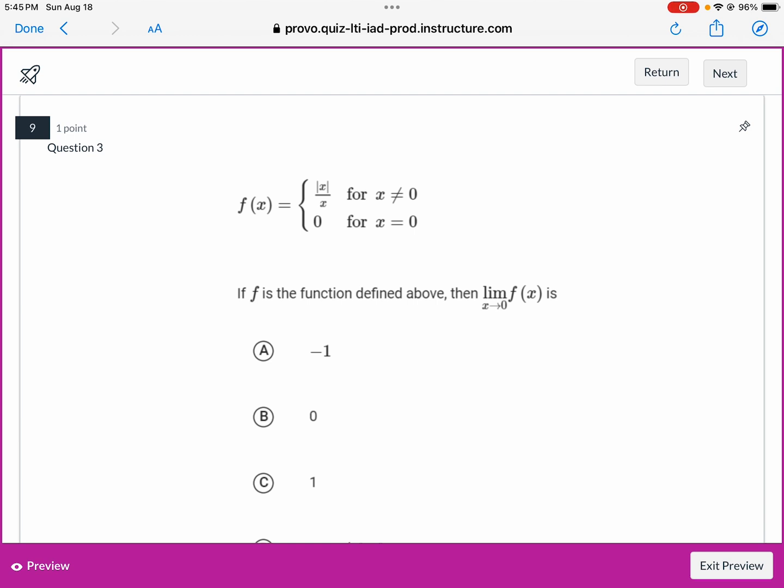Alright, so for this one right here, we have f of x is equal to, we got this piecewise function, we have absolute value of x divided by x for x is not equal to 0, and then we have 0 for x is equal to 0. So I'm going to give you the same advice that I did in the homework.